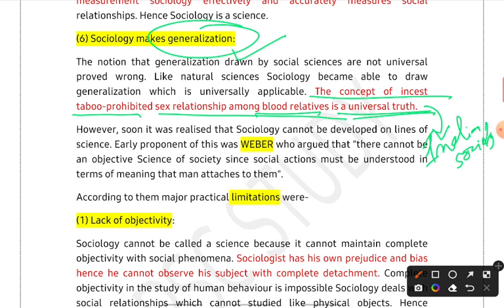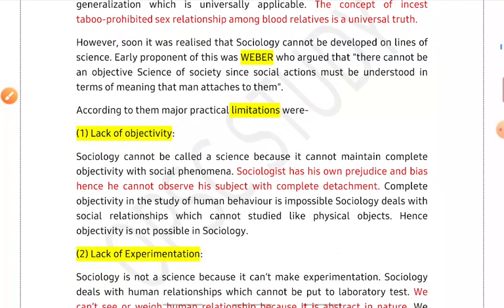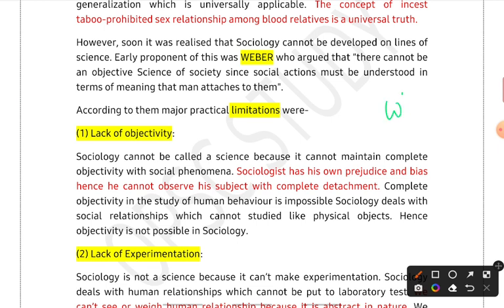Now we are proceeding to the second part of the structure, where we will look at why it is not science.